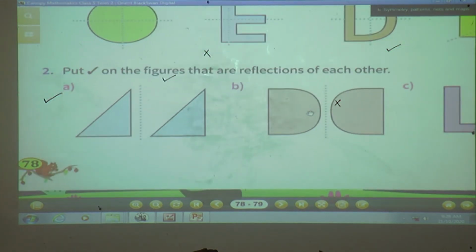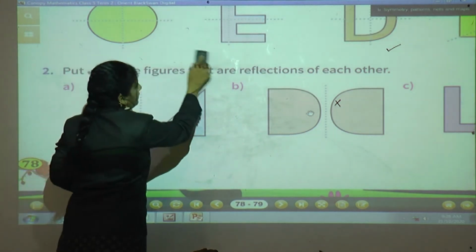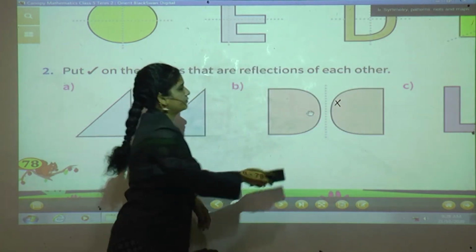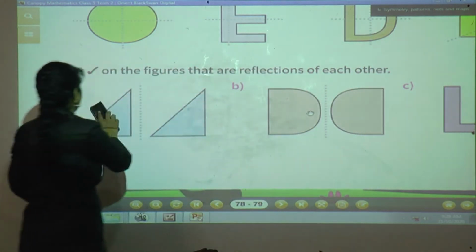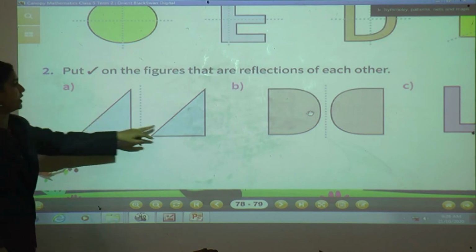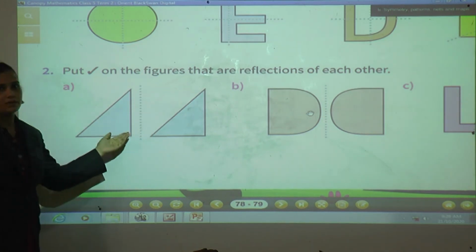Now here second one. Put a tick on the figures that are reflections of each other. Here, can this figure be a reflection of this figure? They are same. Can you see?